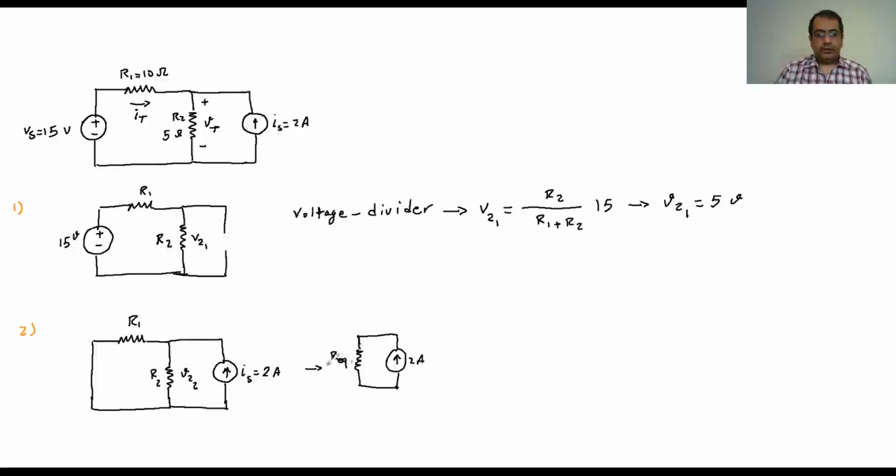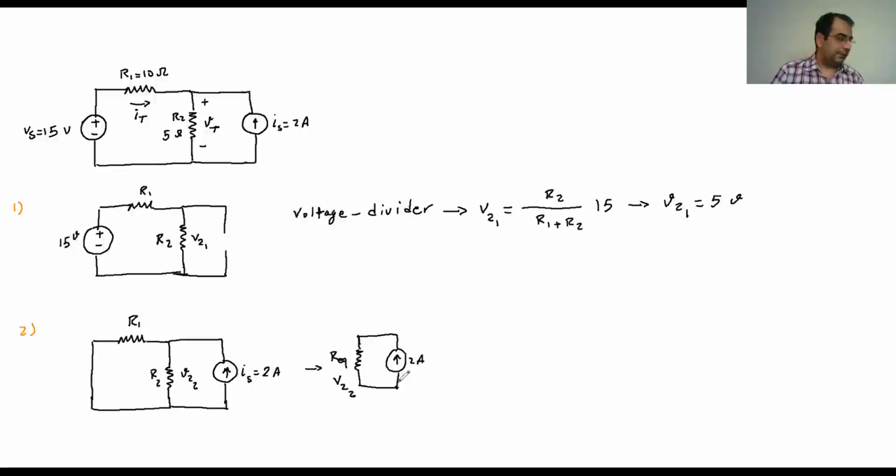And then I know that if I have resistances in parallel, the voltage across the equivalent one is the same as in each of the original ones, because they are in parallel.